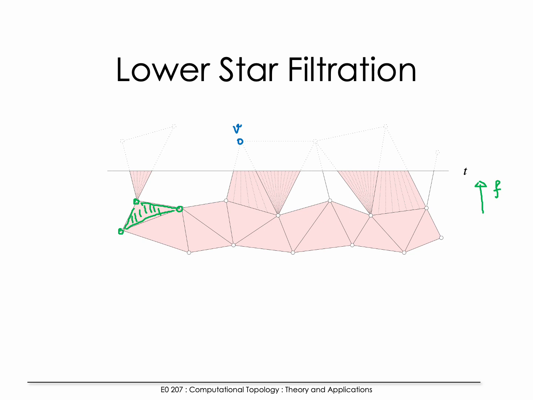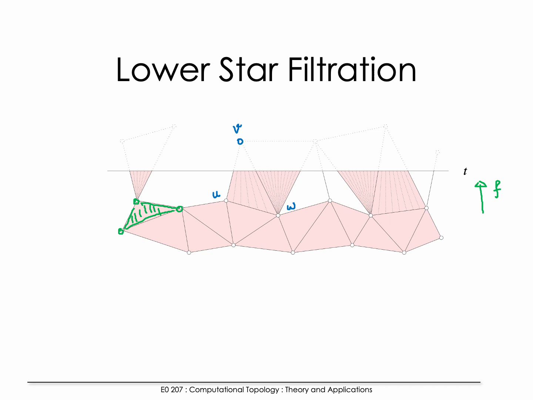Now, how do we decide whom to insert? We know that V has several neighbors. In particular, its neighboring vertices are U and W. And naturally, VU and VW are cofaces, and VUW, the triangle, is also a coface.